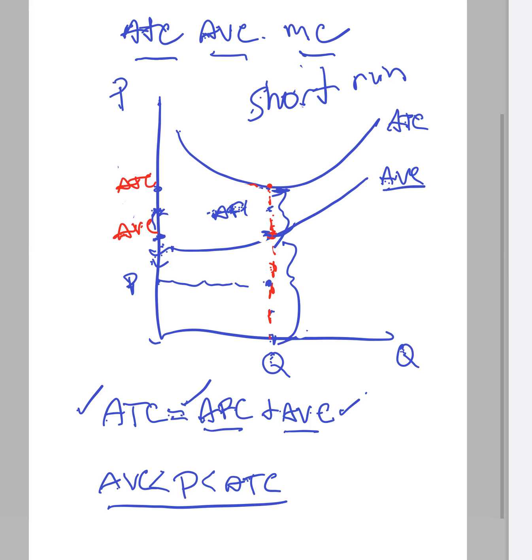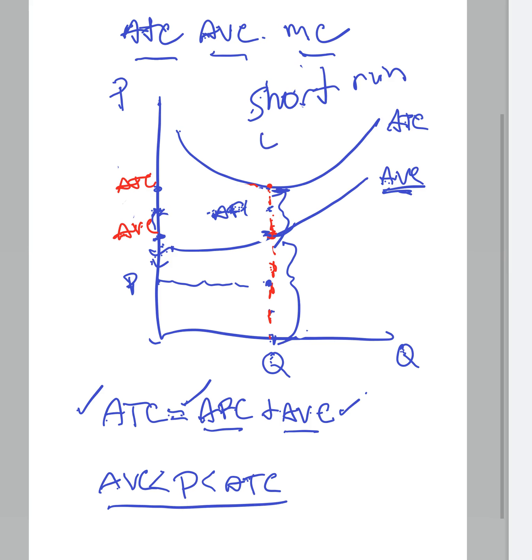You shut down in the short run when price drops below AVC. So if you find the lowest value for AVC on that table in question number 2 through 4, when price drops below the lowest AVC, you would shut down.